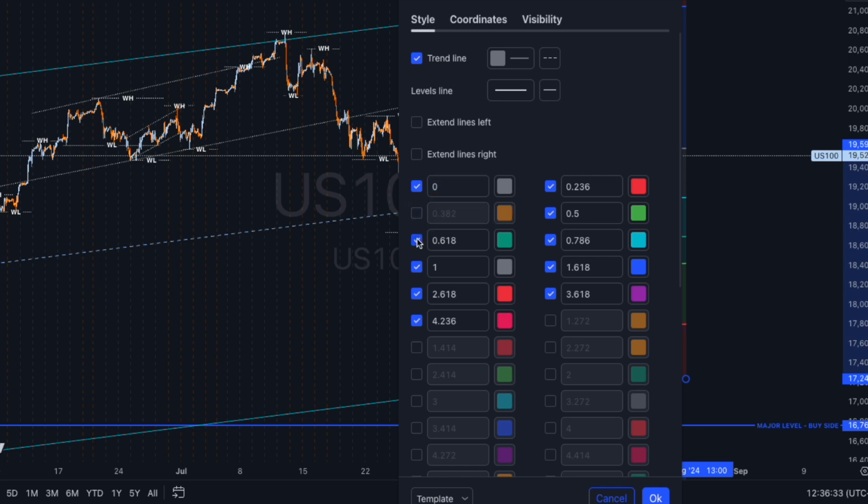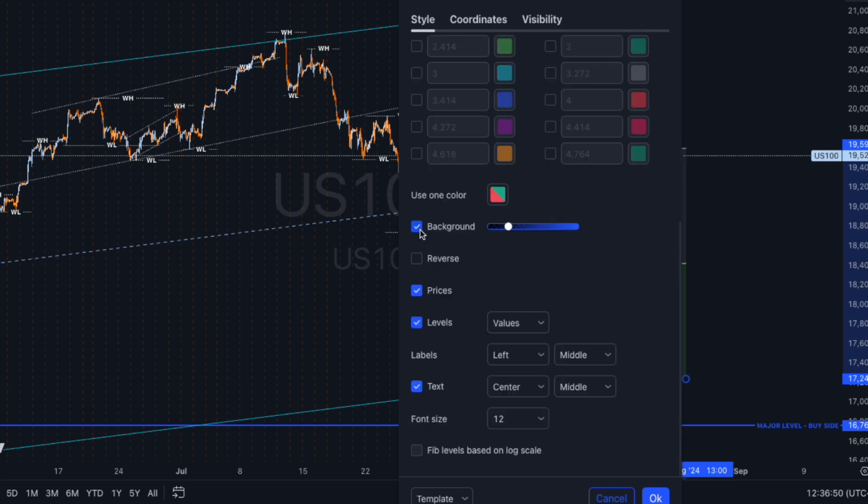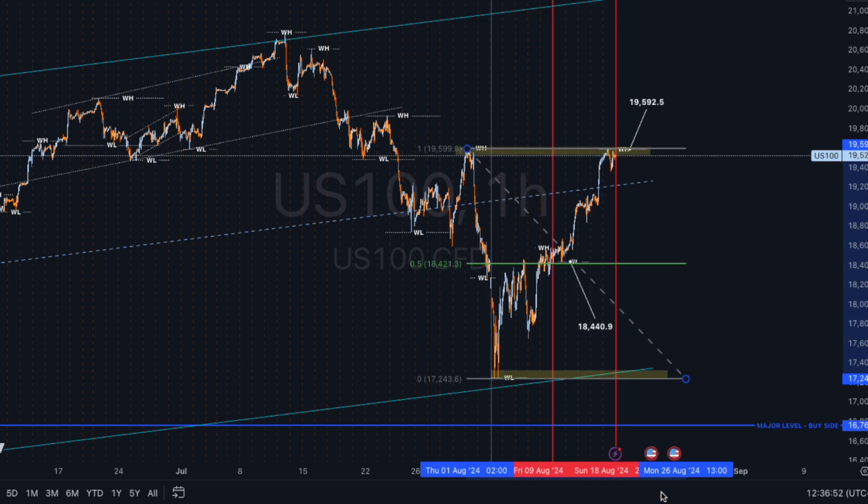So let's get rid of this, this, this, and this. We're just going to keep the 0 and the 100%. Let's get rid of background colors. Apply.